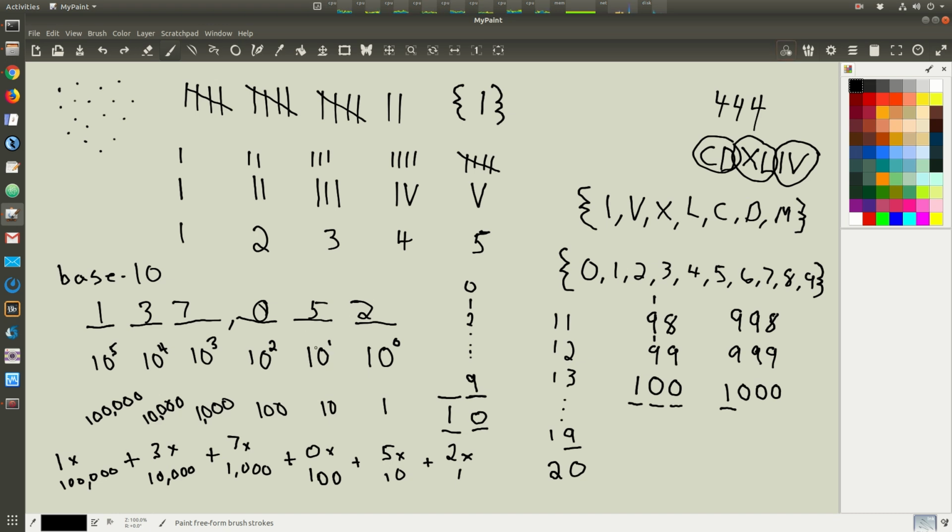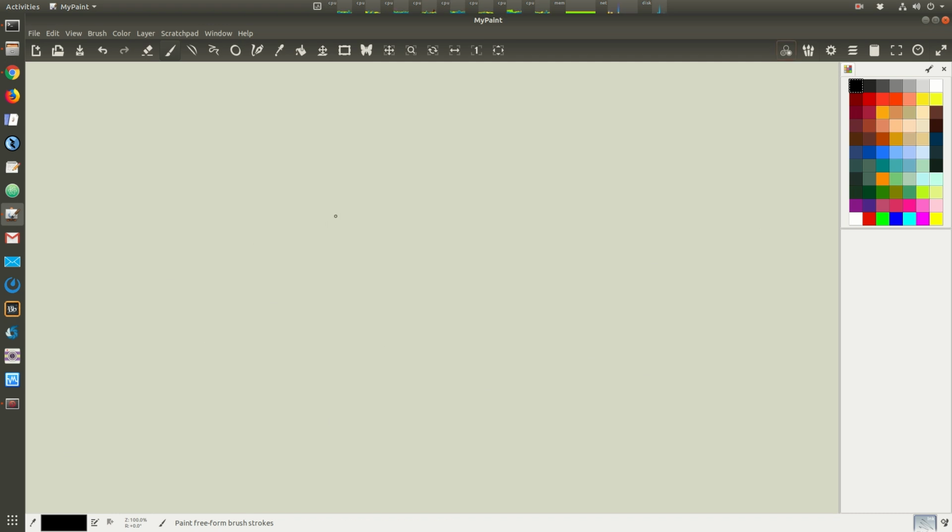So let's talk about base 8 or octal. In octal, you see we have oct, which we know is an 8. So this is base 8.